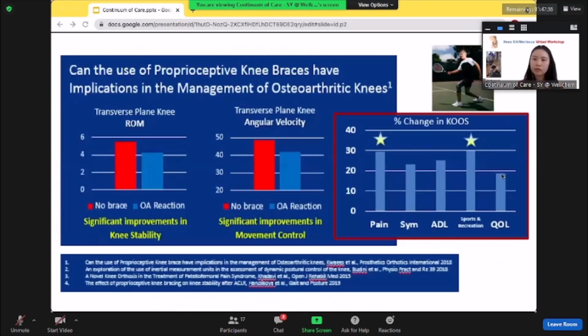Next, I would like to share a study done by Professor Jim Richards. He's a professor of biomechanics at the University of Lancashire in the UK, and he is very well published in his field. His research demonstrated that using a proprioceptive knee brace showed significant improvement in knee stability and also in movement control during step down motion.